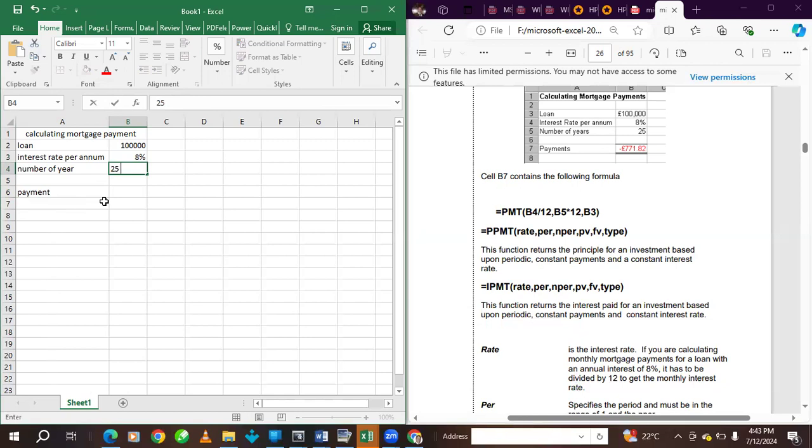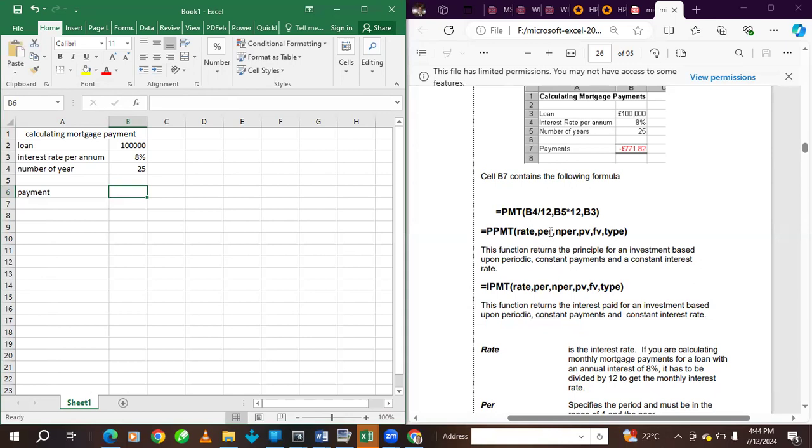In this case, the payment is made monthly, and it will be calculated with PMT. When you look at PMT, it says this function returns the payment for an investment based upon periodic, constant payments and a constant interest rate.